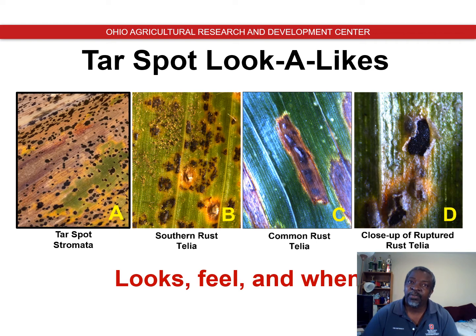Then how it feels, if you push it with your finger, what happens, and then when it develops. Tar spot develops throughout the season. Even though rust can develop throughout the season, rust pustules do not get this darkish color until the end of the season, just before harvest. So the timing of when you see this would also be useful to help you determine whether you're working with tar spot or not.